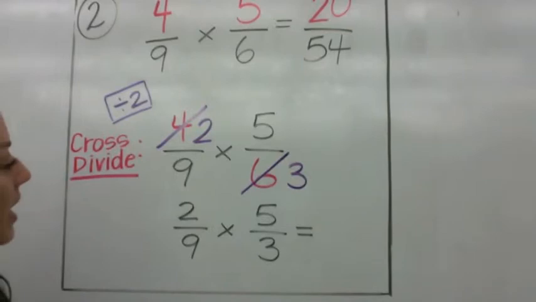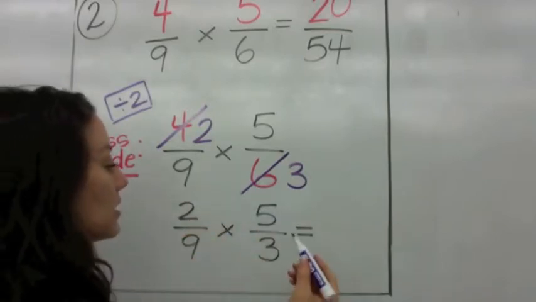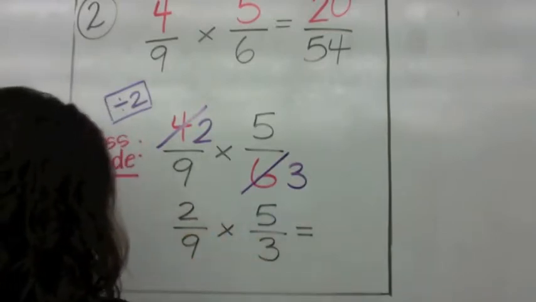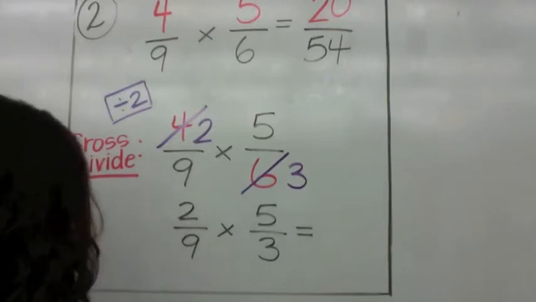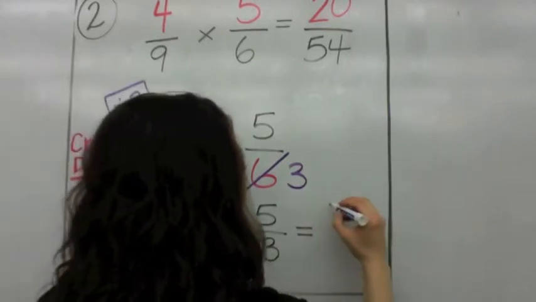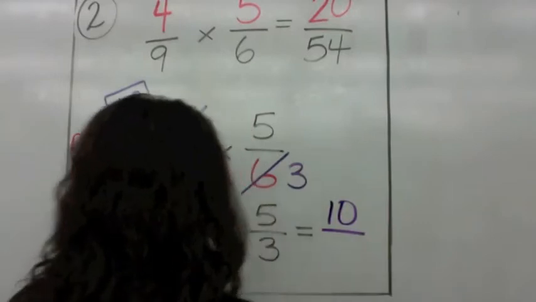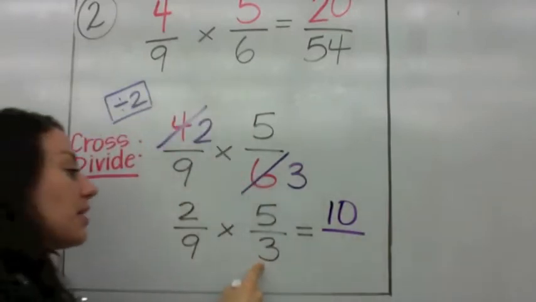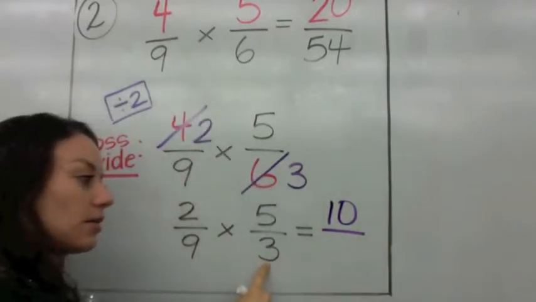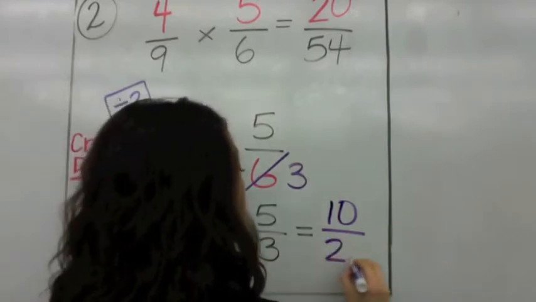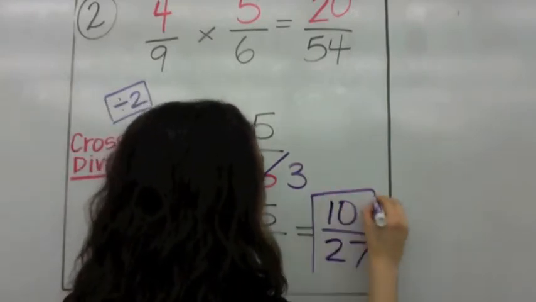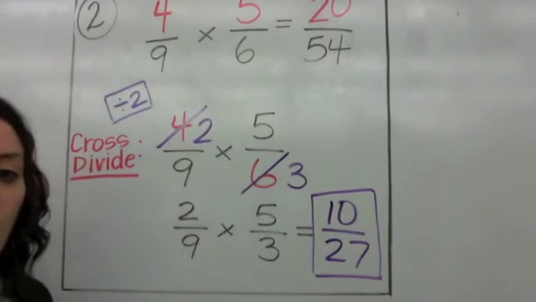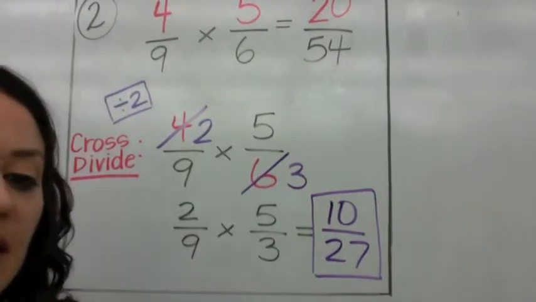Now let's multiply again. 2 times 5 is 10, and 9 times 3 is 27. So the answer is 10/27. Go ahead and write that down.